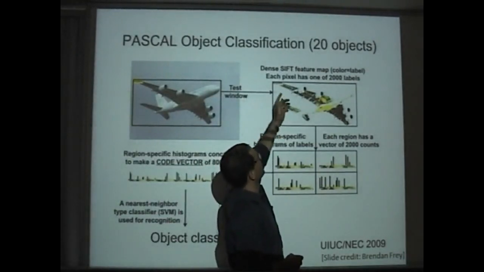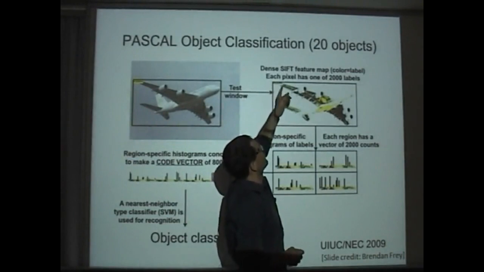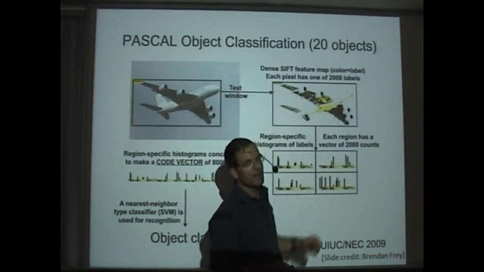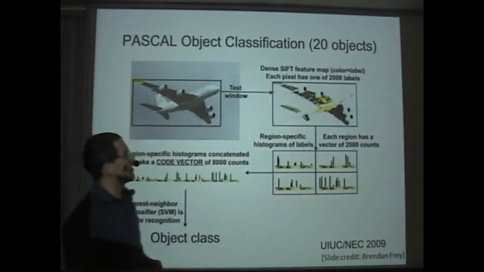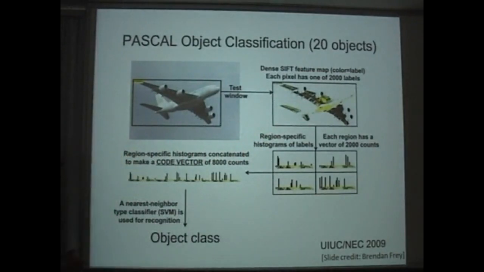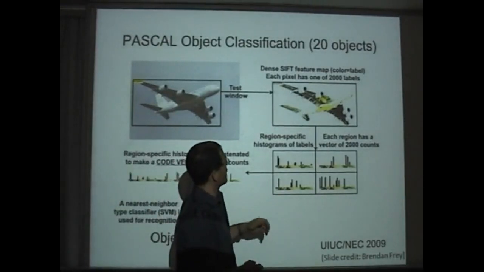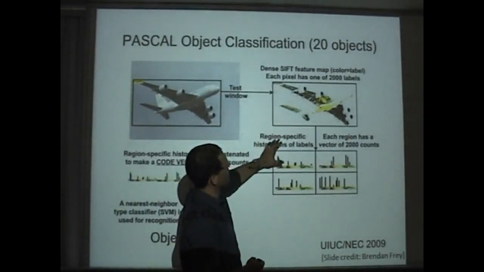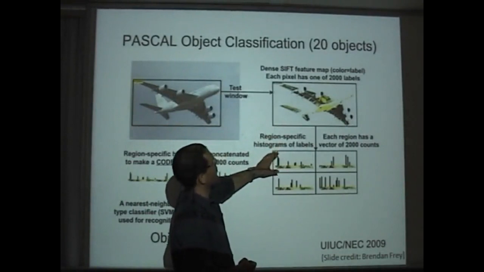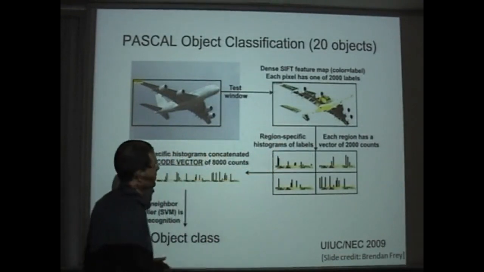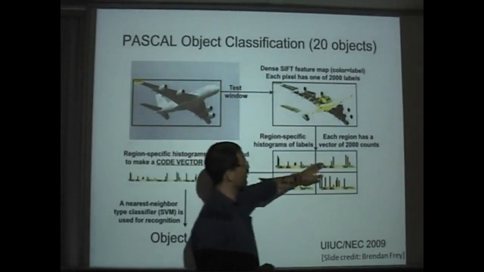So in essence, for each local image region, they compute an orientation normalized histogram of local orientations, and they then summarize all of these many histograms for different subparts of the image.